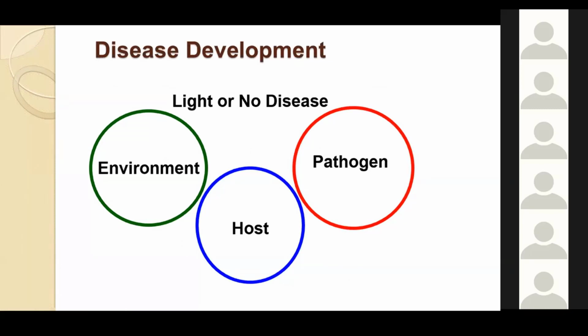And so when we have a situation like we have here, where there's no overlap between the environment, susceptible host, and virulent pathogen, in these situations, we tend to see very light, but more often than not, no disease occur.